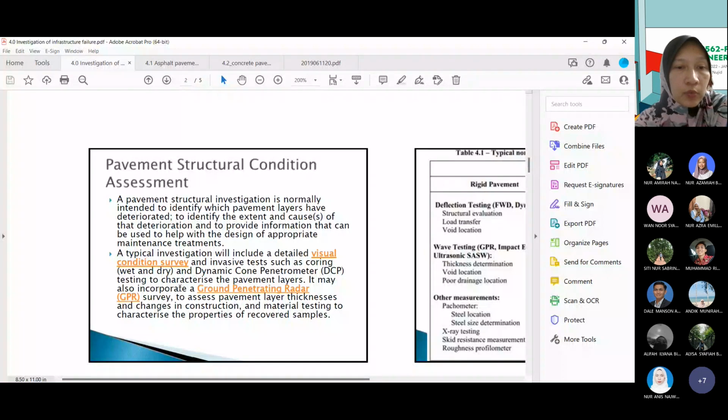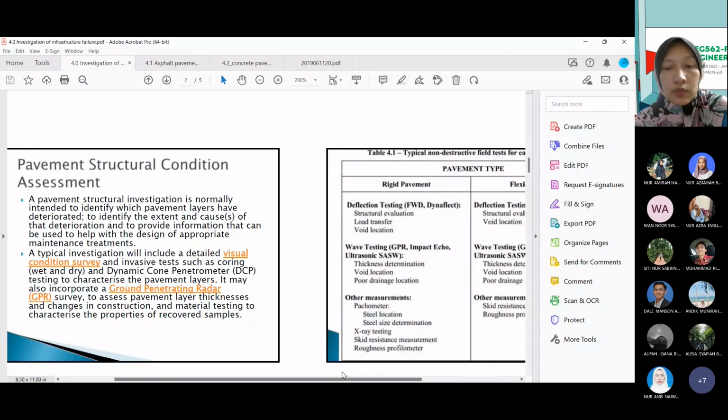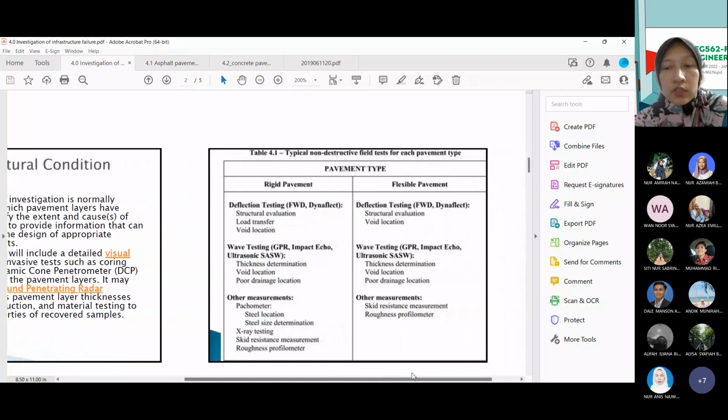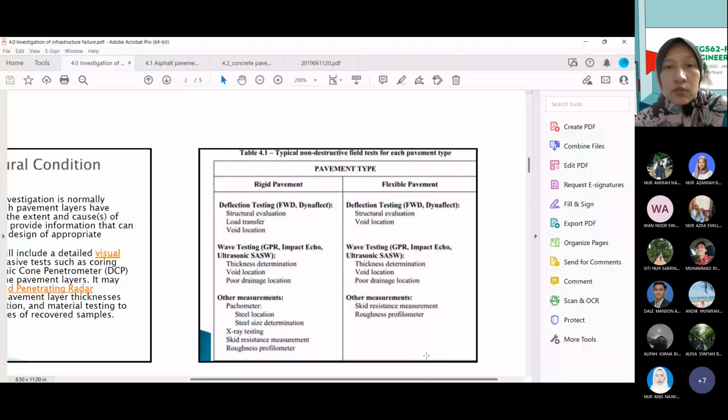It may also incorporate a ground penetrating radar survey to assess pavement layer thicknesses and changes in cross-section, and material testing to characterize the properties of recovered samples. So these are techniques, or what we call instrumentation, that can be adopted to observe any crack formed on the pavement surface. These are the tests for rigid pavement and also for flexible pavement.